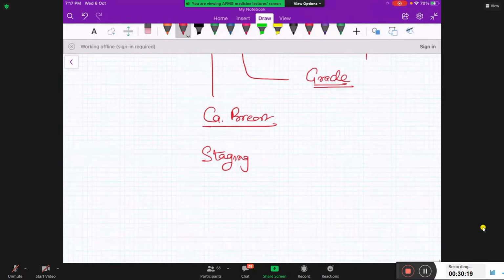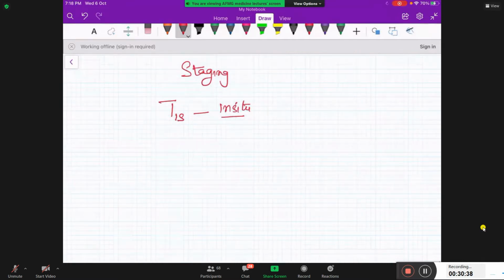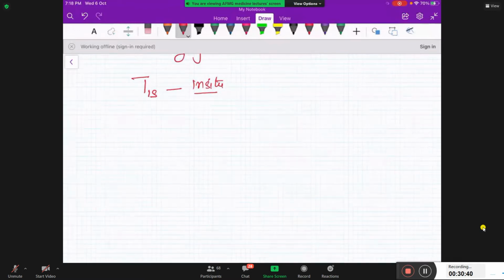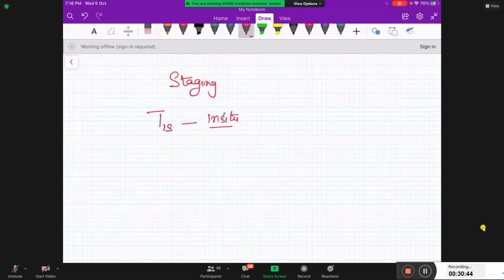Okay, so in staging, there is T, there is N, and there is M. We have to remember T and M here. In T, TIS is in situ carcinoma. As per the latest, which was not there earlier, those who have my notes, please change it.